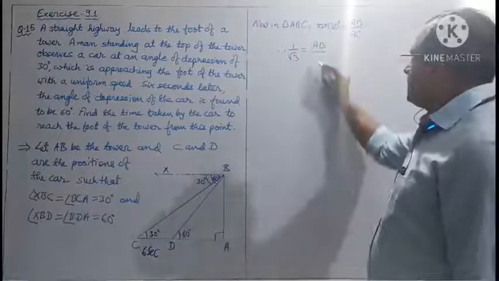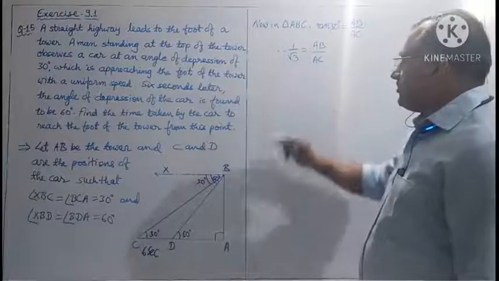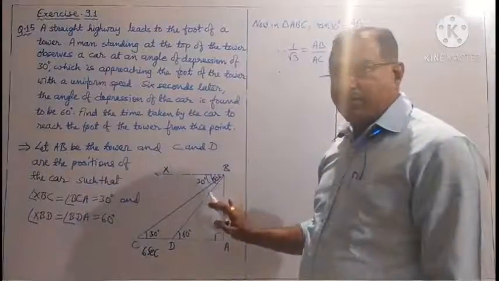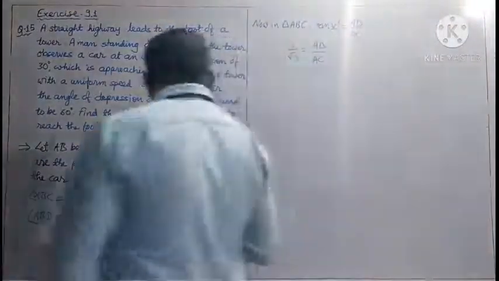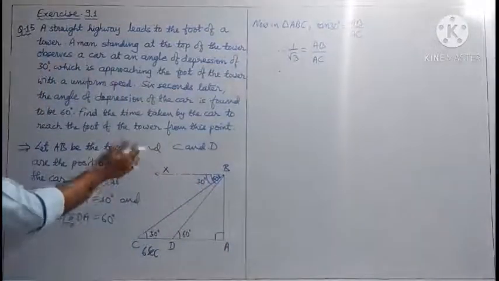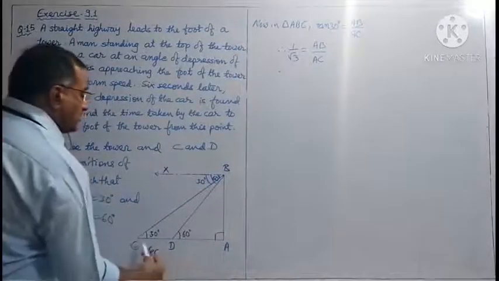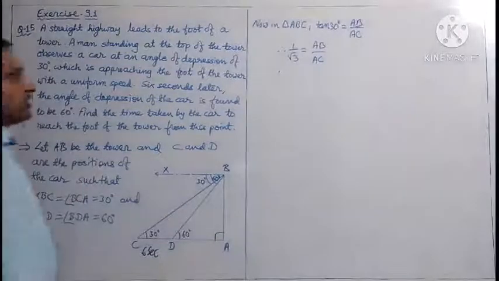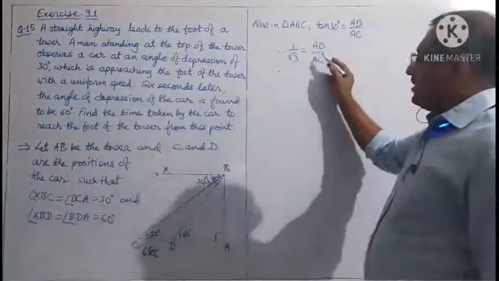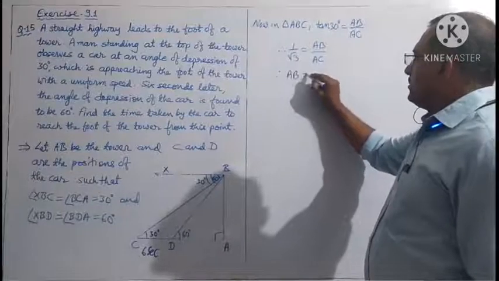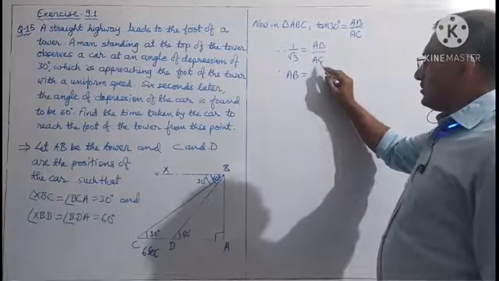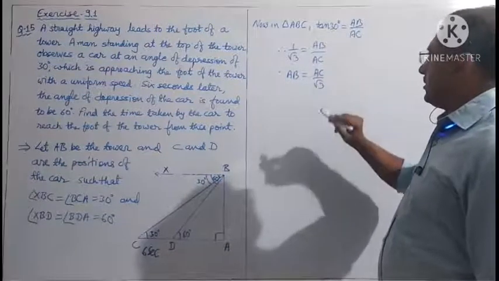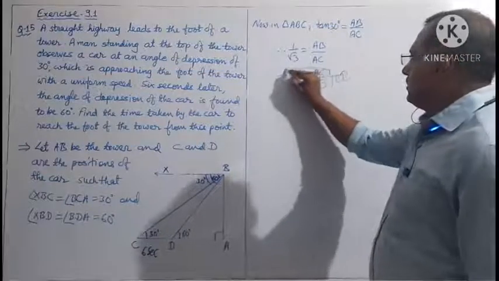The measurement of AC is not given, but we want only a relation, so we have to eliminate AB, because it is not asked to find the height of the tower. The only thing is, this distance is covered in 6 seconds, and we want to know the time for the remaining distance. So AB is equal to AC by root 3. This is result number 1.